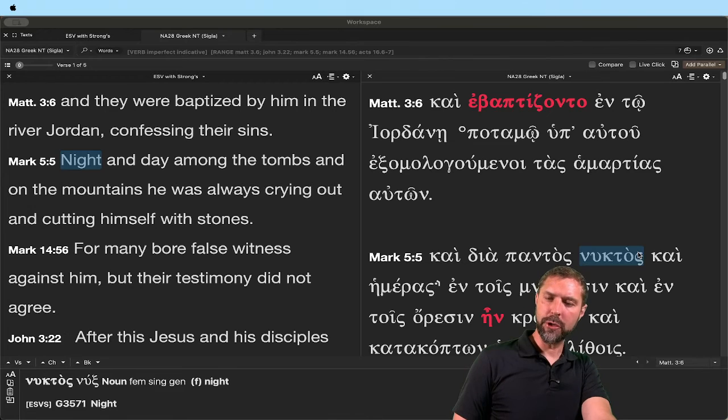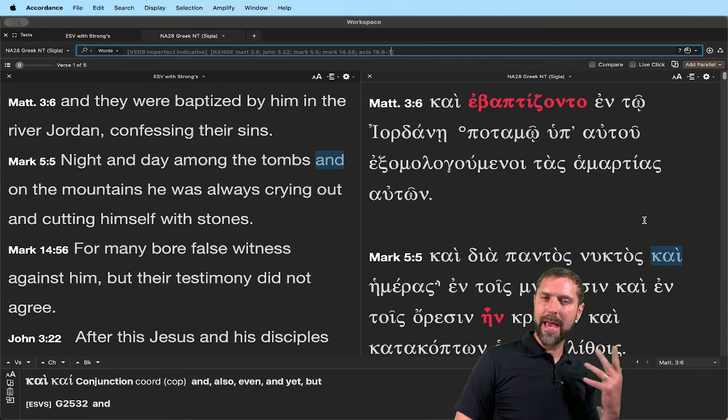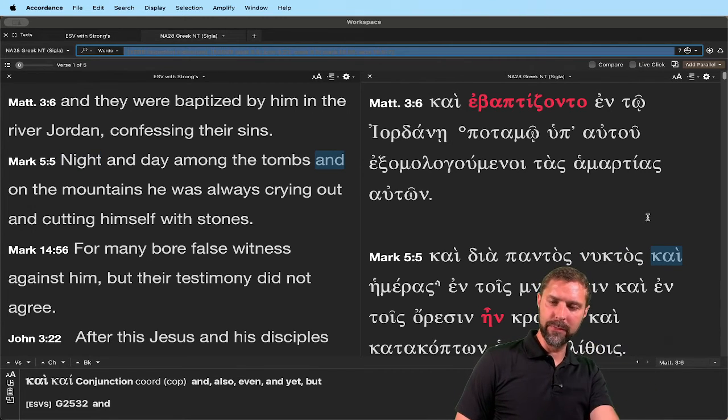Those are the distinctions. And if you practice with those imperfects, you'll get augment, stem, connecting vowel, ending to be able to break down the rest of it. I'll show you a couple of examples where the imperfect is probably exegetically significant. Some of these are really fun, really interesting to look at.